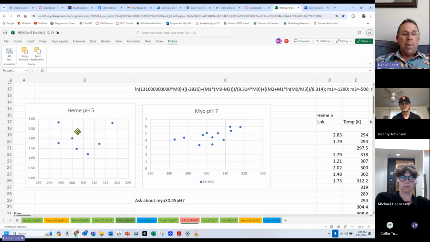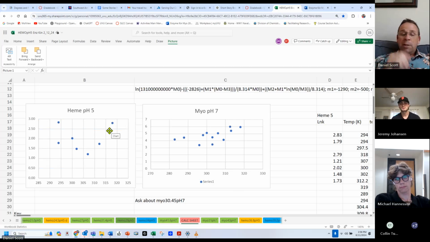So the best piece that would fit for us right now would be the hemoglobin pH 5. That's the MES buffer, right? Hemoglobin pH 5. So I'd like everybody to focus on collecting data for the hemoglobin pH 5.